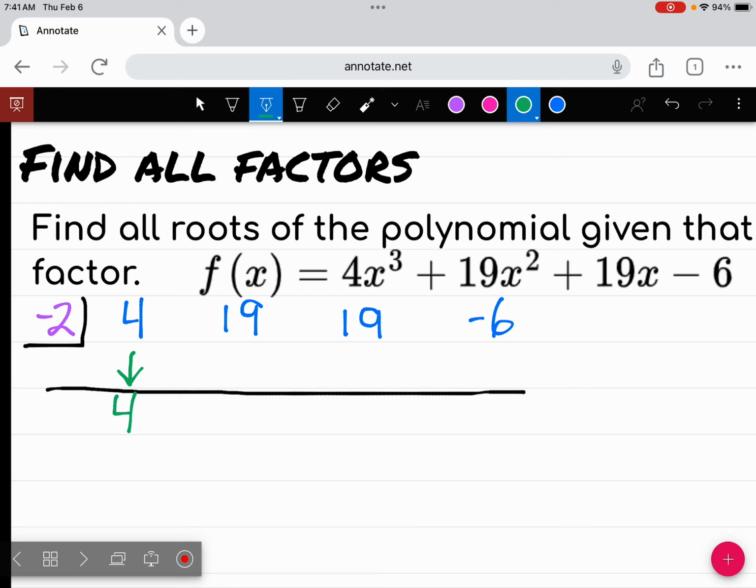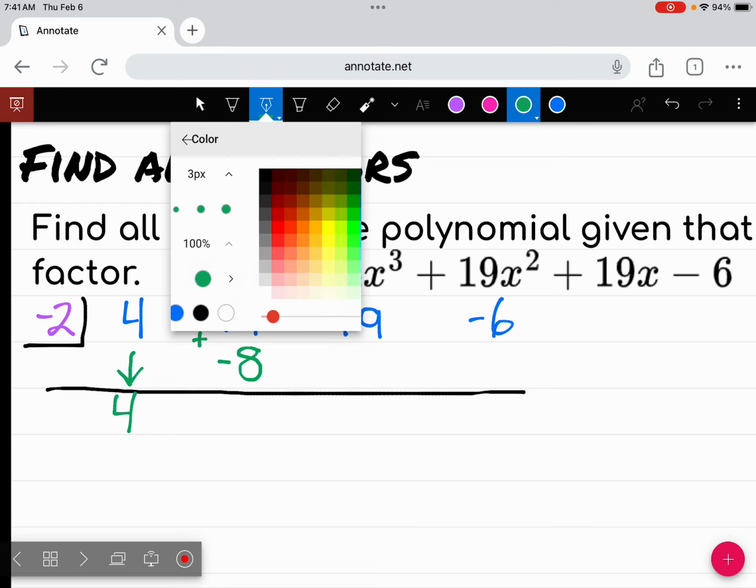Then we multiply and put it under. So I'm going to take my 4 times my negative 2, and we're going to get a negative 8. 19 plus negative 8 is going to give me a positive 11. Then we take our 11 times our minus 2 and put it under.